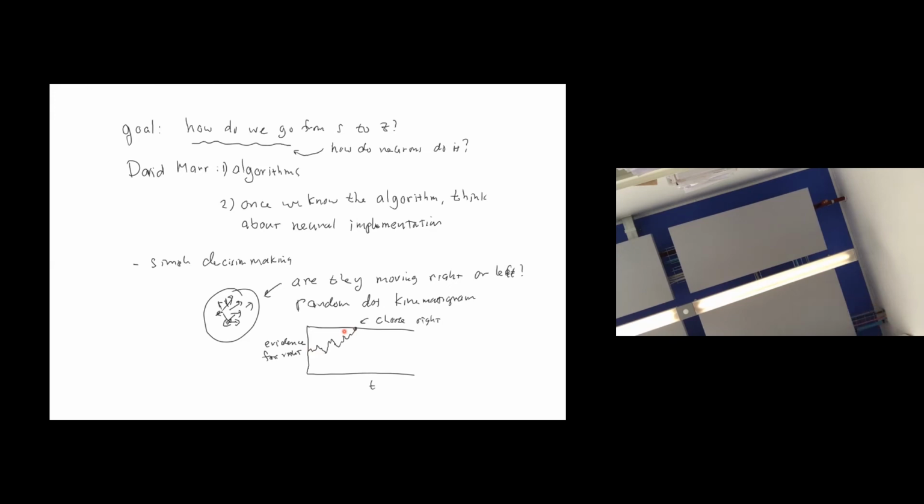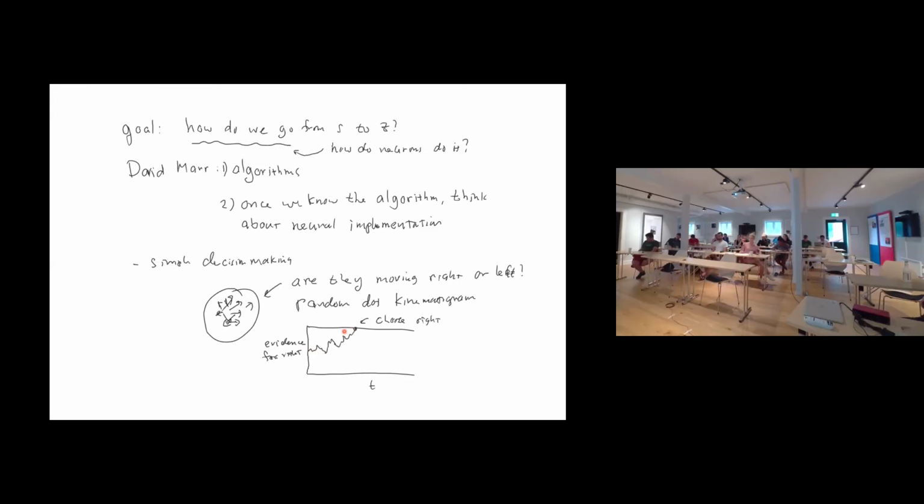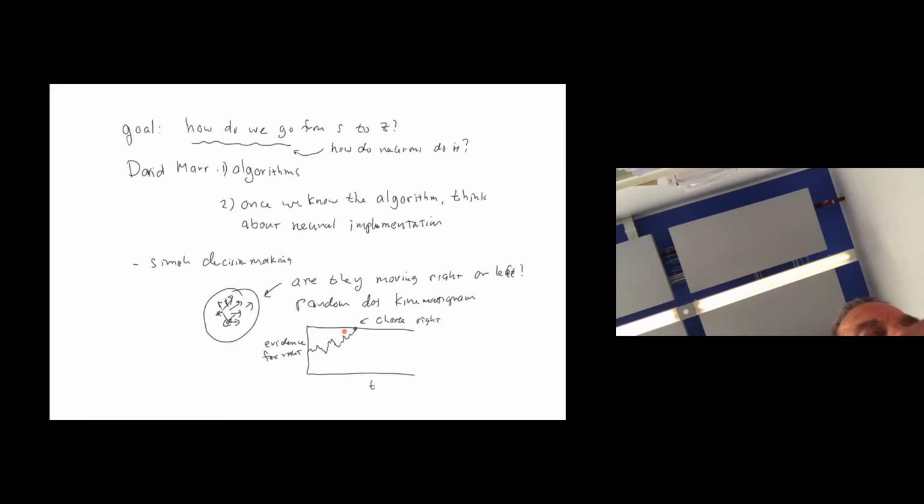So we don't really know what's going on. But in simple tasks, this idea of writing down the algorithm and then turning it into a neural implementation probably works, in the sense that the neural implementation matches what we see in the brain. It's because the brain's big, everything matches.